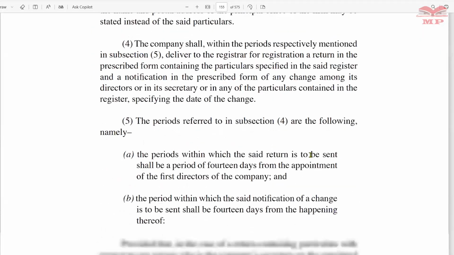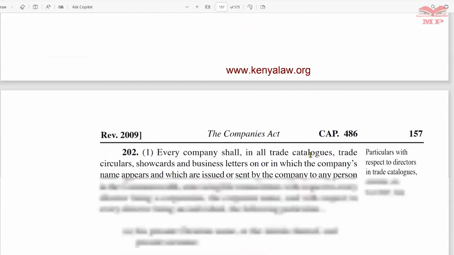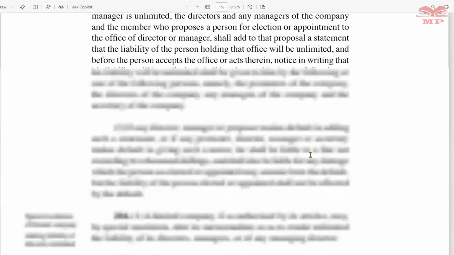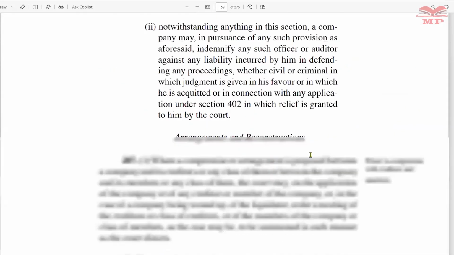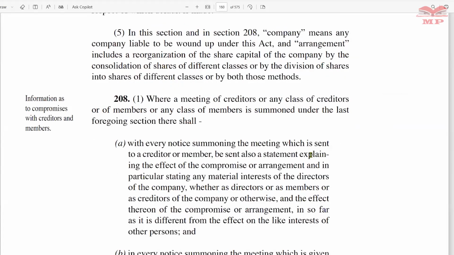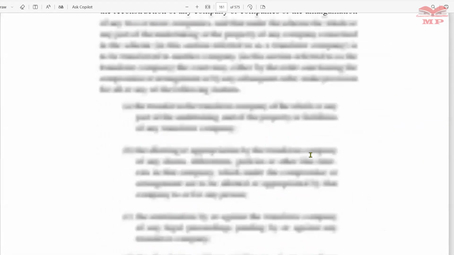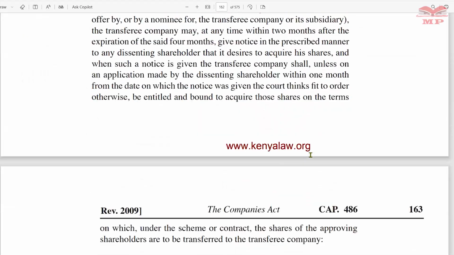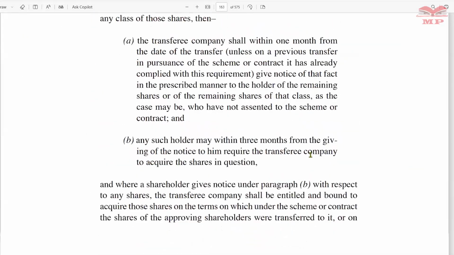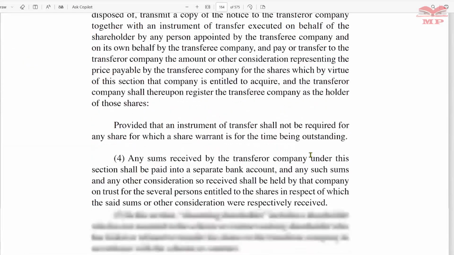Not 201. We're talking about Section 208 to 210 for the reconstruction.